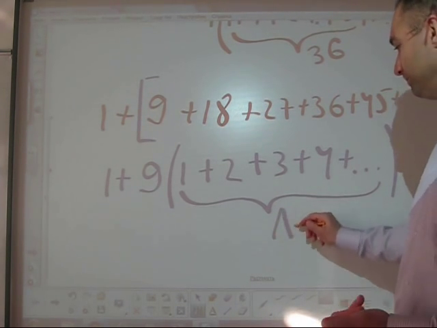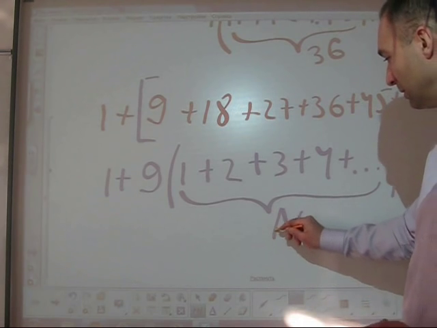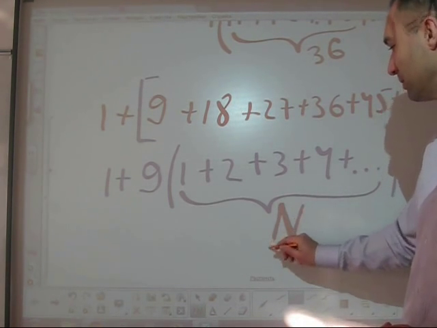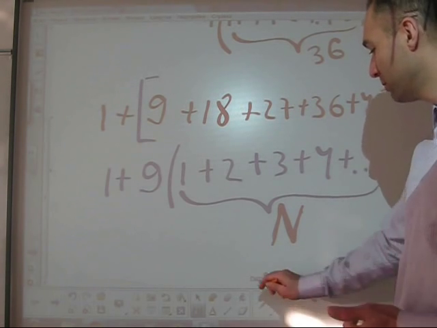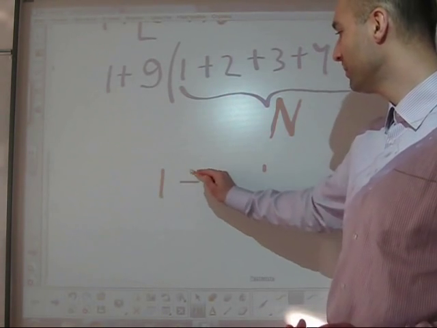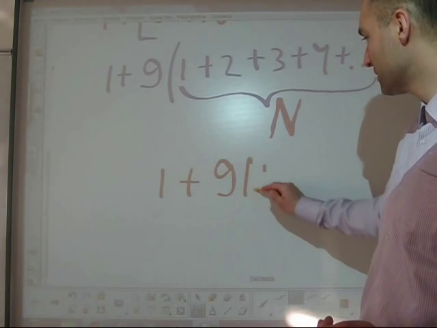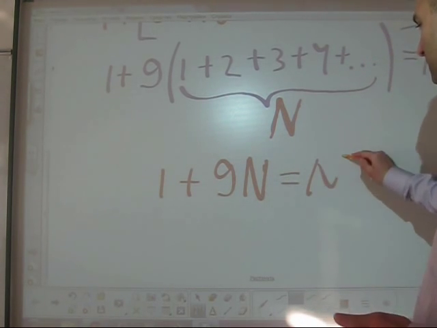It's N. Let me write it with red ink. It's N again. So let's rewrite it as a simple equation: 1 plus 9N equals N.